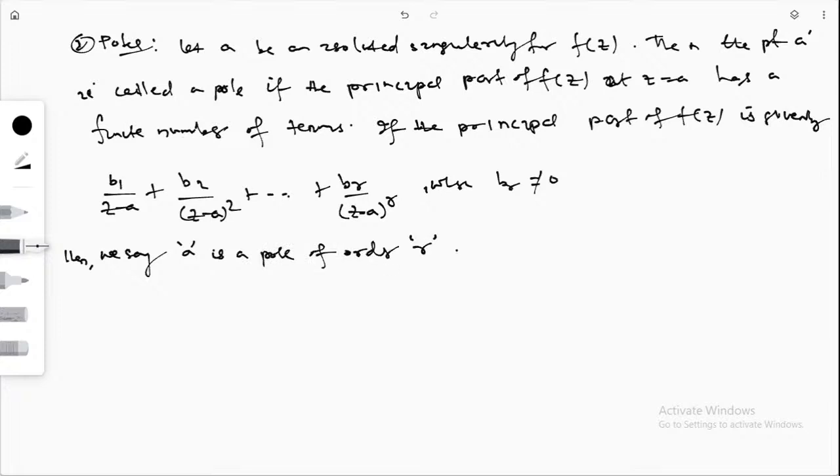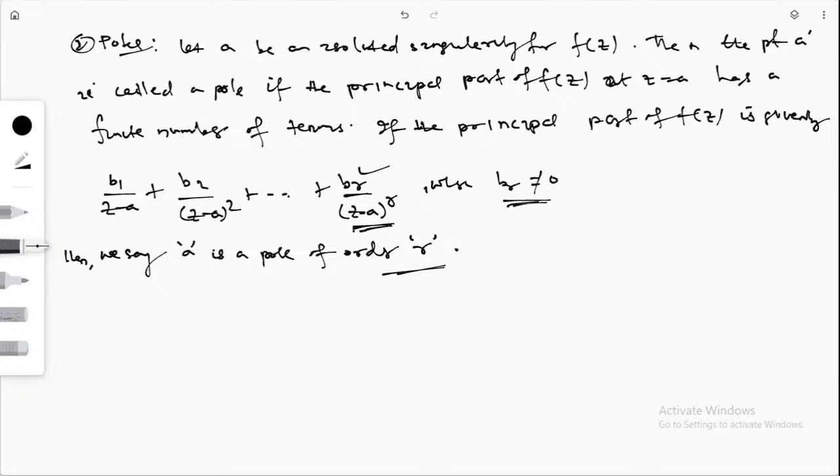The highest negative power of z minus a is r, and its coefficient br is not equal to 0, so you can say a is a pole of order r.